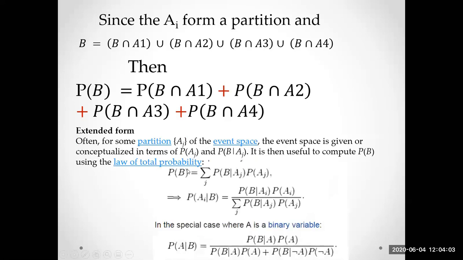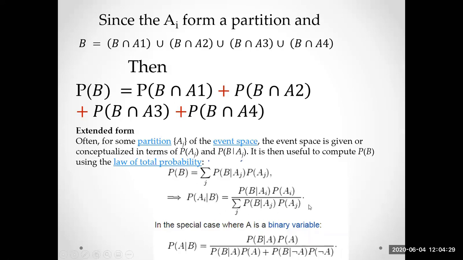And we can do this for any partition. We just used A1, A2, A3, A4, but we could talk about any partition. So we can denote a partition by A sub j. It's just a bunch of sets. And then you can rewrite Bayes' theorem, which was like this.